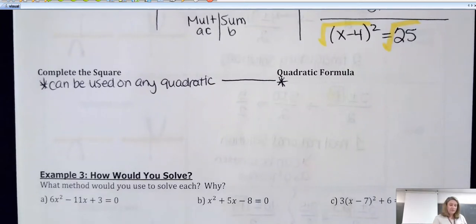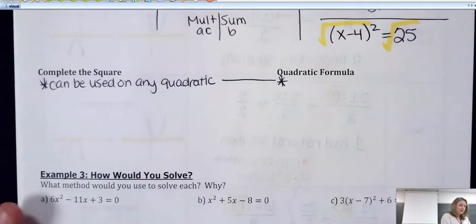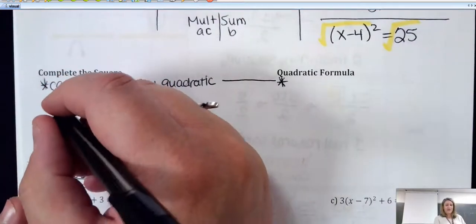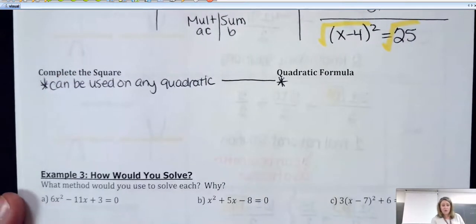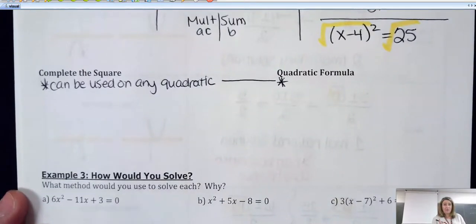However, if I was completing the square and I was trying to find the fastest, easiest way to do this, I would not complete the square if a was not equal to 1, and I would probably not do it if the linear term was odd.